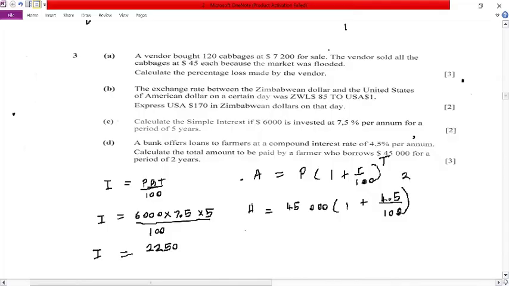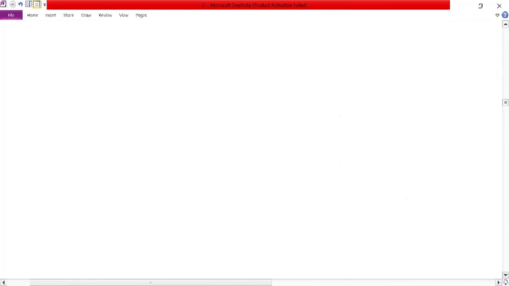So our A will end up being 49,141.125. Let's move on to the next question.